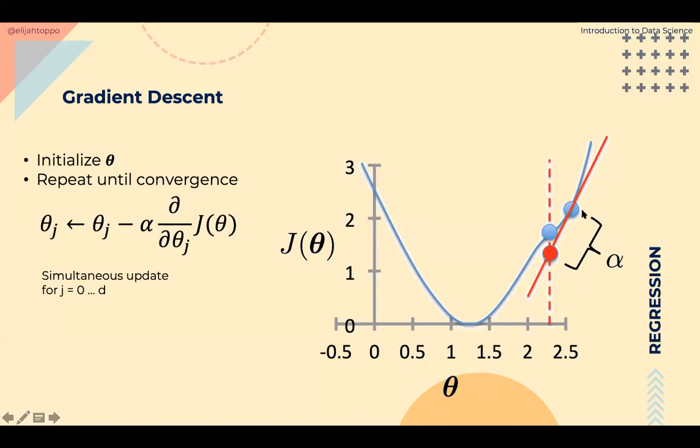Now, let's say we start at this value here, theta 0, some value of theta, roughly around 2.5 units. And at this value of theta, we have a certain cost. The cost is around 2 units or 2.5 units again.